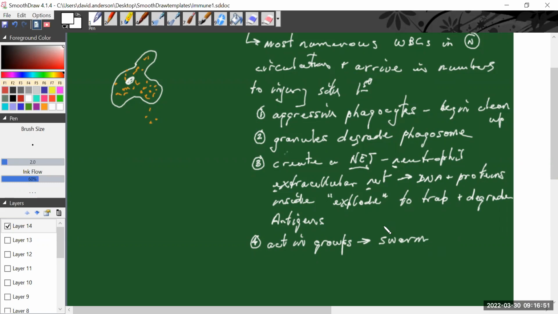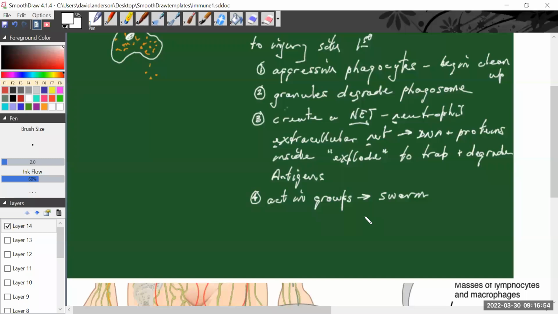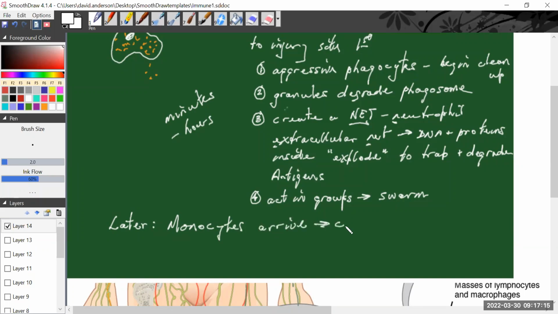So that's one of the cells that's going to get activated during the inflammatory response. So this is for minutes to hours. Later, monocytes arrive. They cross out of the blood vessel and become big eaters.